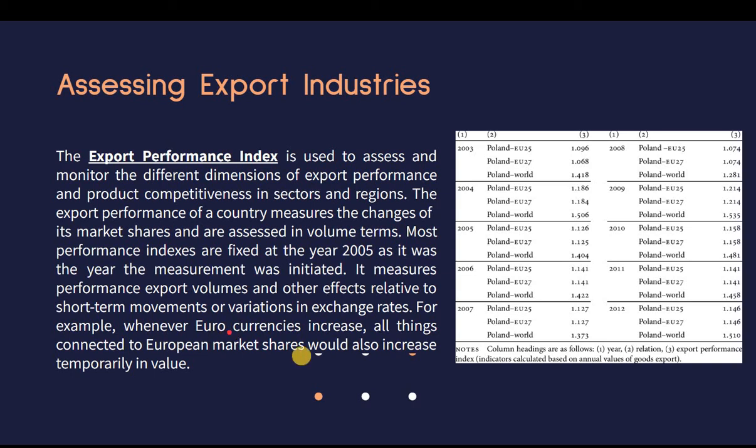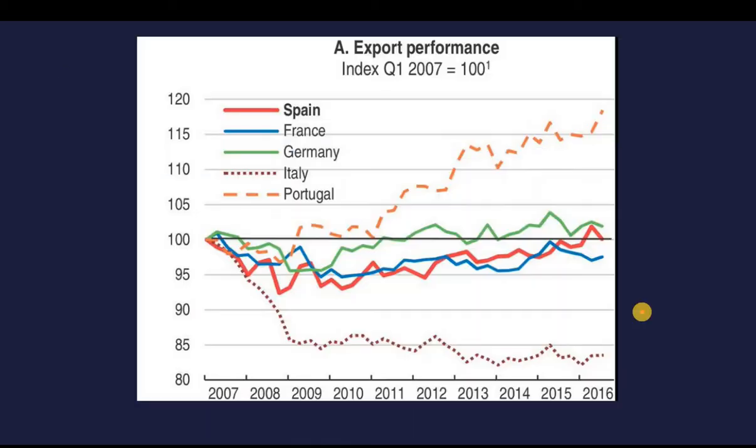So here's an example, and this is another example of an export performance index. You can see that the countries have varying performance, and of course, this is relative to the size of their country.